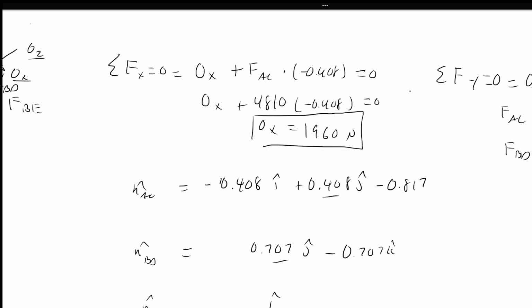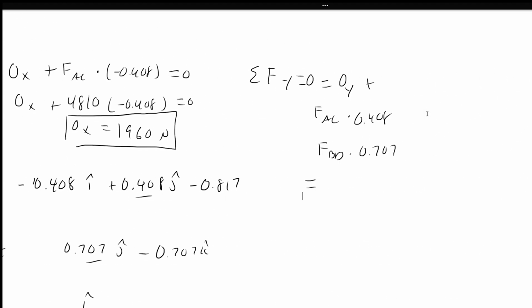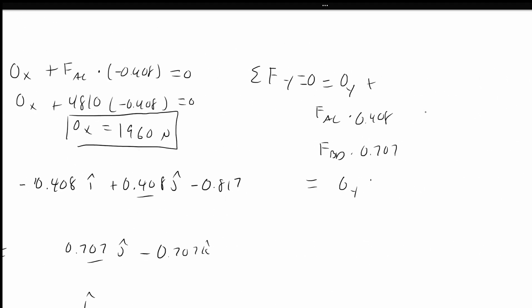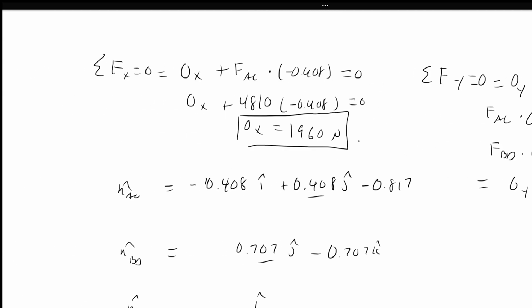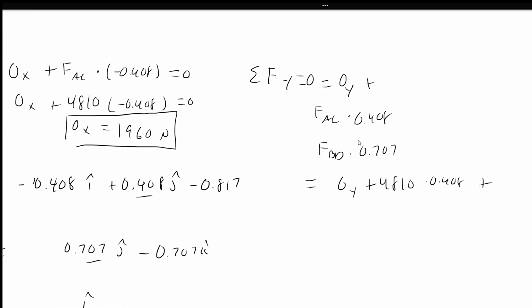And those are, F_AC is 4810, O_Y plus 4810 times 0.408, plus BD is what? 2780 times 0.707. And that's all positive, I believe.